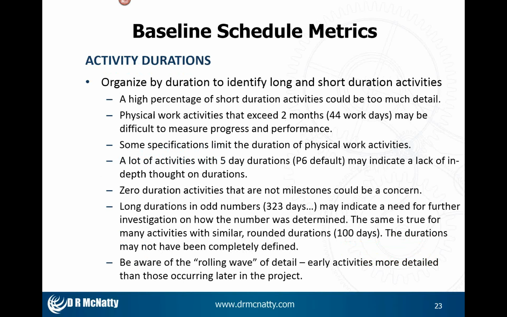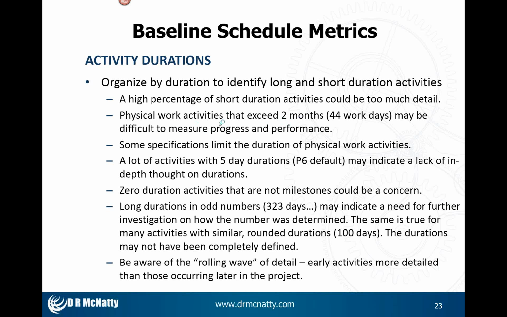Activity durations, run a layout organized by duration. If you've got a lot of very long durations, take a look at them. If I've got a bunch of 1, 2, 3 day activities, especially on a very large, long duration project, this might be more detailed than is really needed. You need to take a look at that.